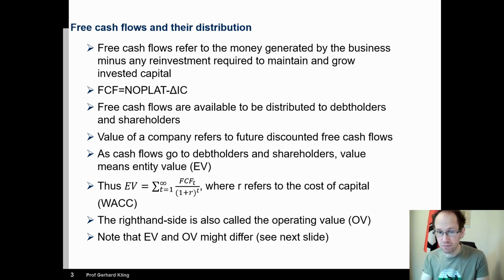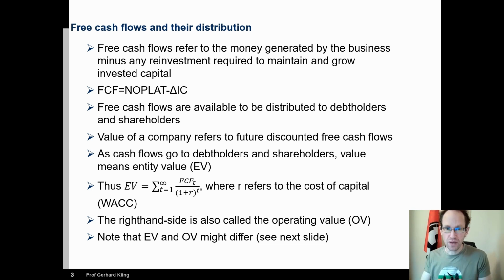Again, as we discussed, we remove any non-recurring items, we remove any financial items, and we account and adjust for taxation. Then we derived the invested capital, or to put it differently, the money I need to run the business. Now the free cash flow, so the cash flow available for distribution to shareholders and debt holders, is then the combination of the money you make minus the change in invested capital.